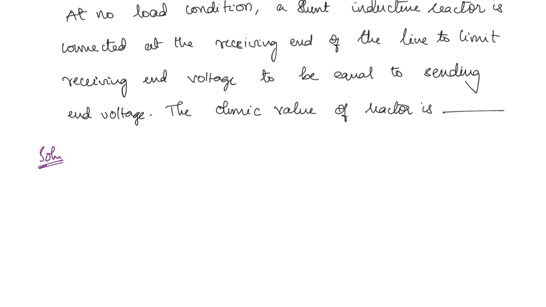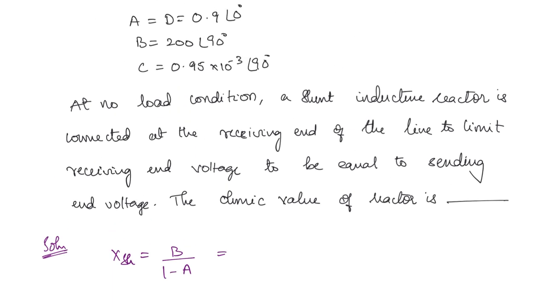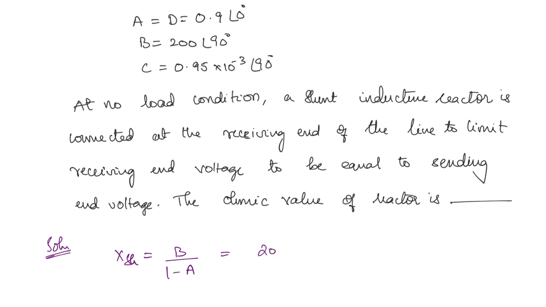Under no load the required shunt reactance so that Vs is equal to Vr is going to be B by 1 minus A. Okay. So what is B here? 200 angle 90 degrees divided by 1 minus 0.9 angle 0 degrees. Okay. So you are going to get 2000. You can write j 2000. So this will be the ohmic value of the reactor.